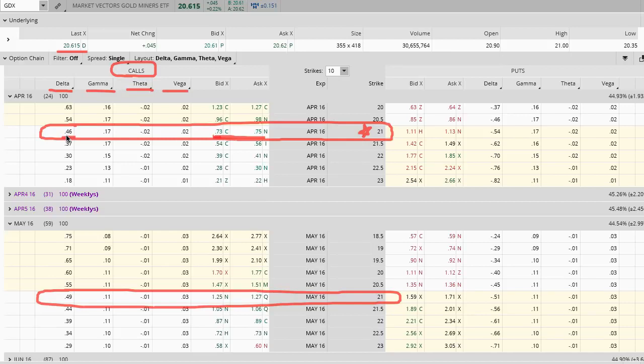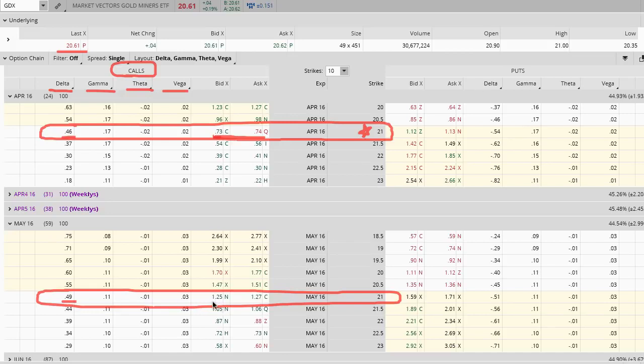Again, you can see the impact that delta has. It gives you a barometer for how much money I make for every $1 move up in the stock. As we look out towards the May expiration, you can see there's a bigger impact in May for the same underlying move because there's a little more time left until expiration. Still the same $1 move up in the stock, from 20.60 up to 21.60, that gives you a $49 increase in the value of the option.